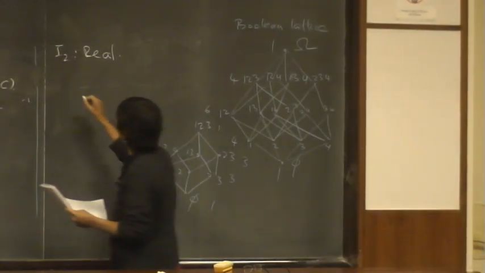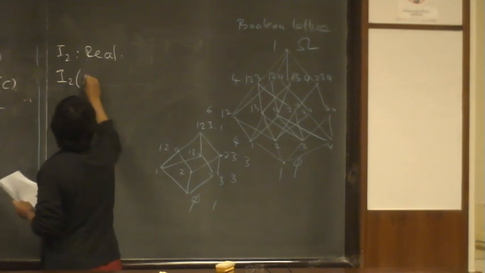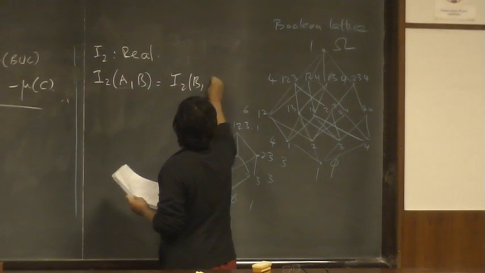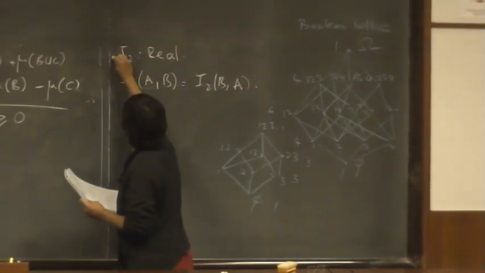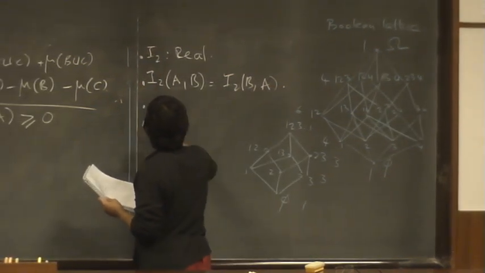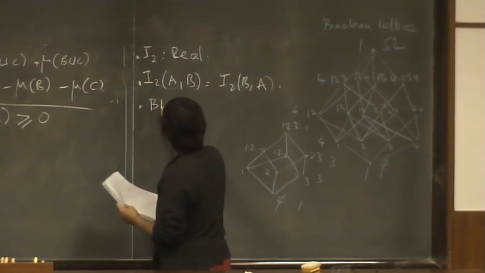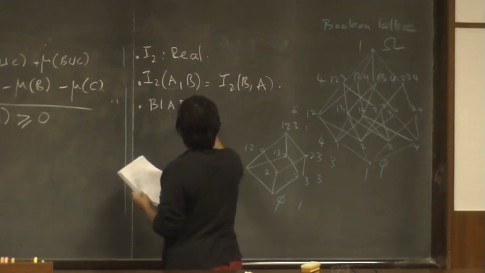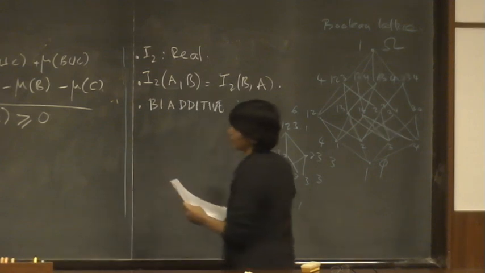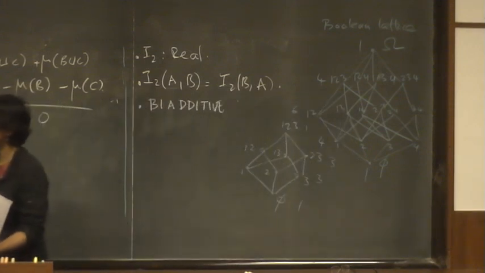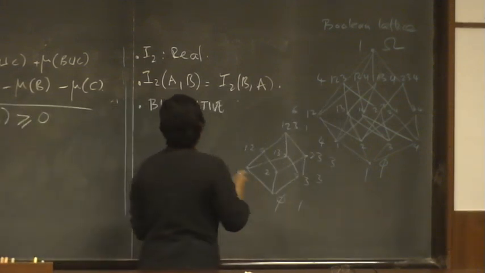It's symmetric, so I2 of AB. Okay, so there's symmetry. It's bi-additive, and this follows by, you can use an expression for I3 to show that this is in fact true.